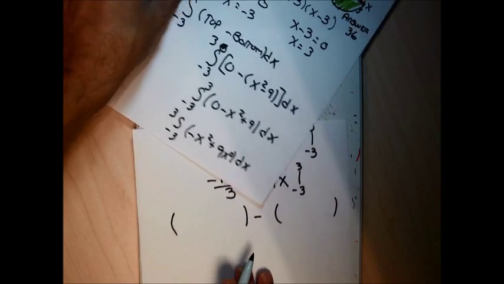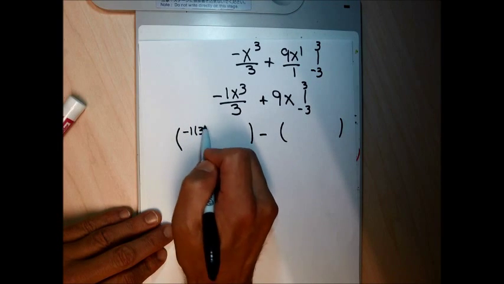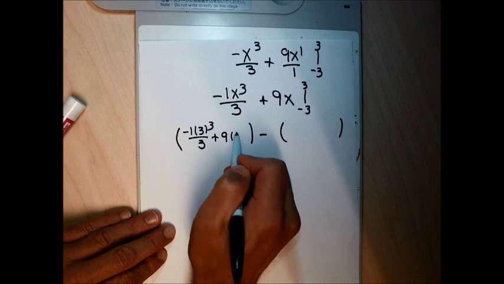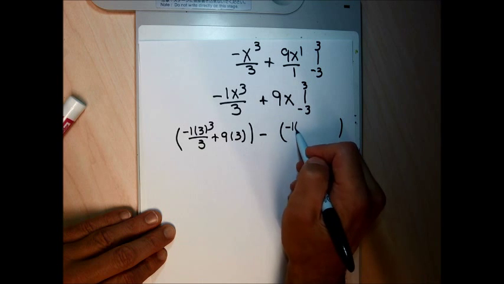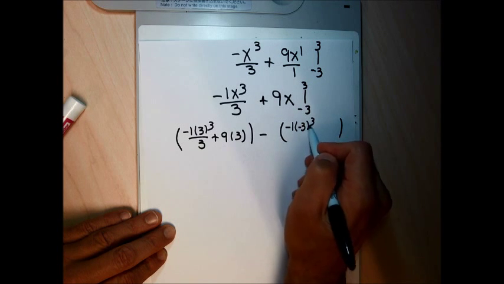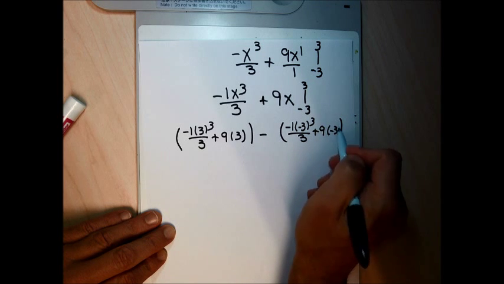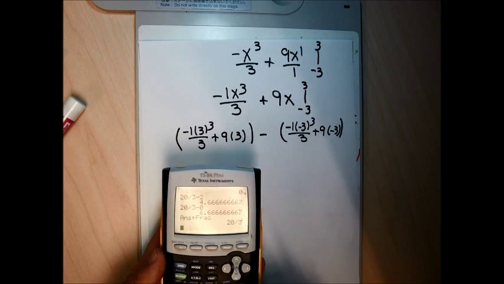The first number that I plug in is going to be 3, so I'm going to go negative 1 times 3 cubed over 3 plus 9 times 3. And the second number I'm going to plug in is negative 3. I'm going to go negative 1 times negative 3 cubed over 3 plus 9 times negative 3. Do both those computations from my main screen. So back to the main screen.